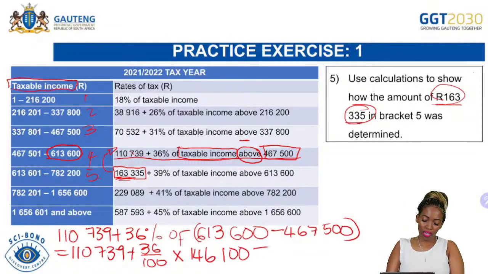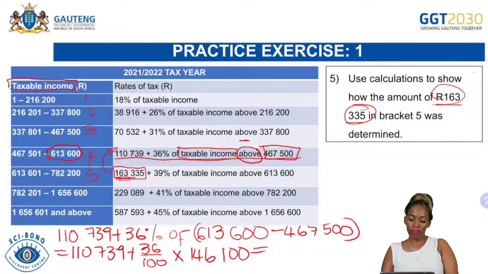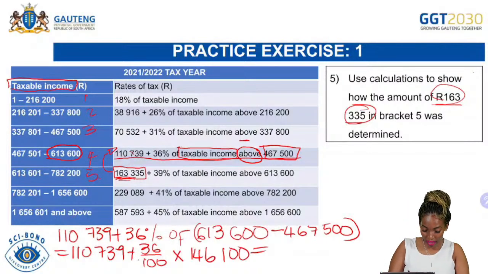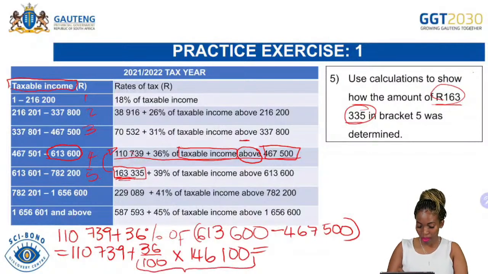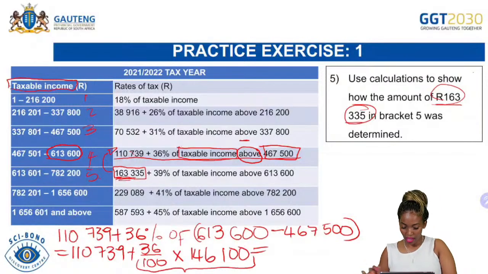And then from here on, you should do it step by step. You don't add, we multiply first. Remember BODMAS. It's a pity I don't have enough space, so I will do the whole sum as it is on the calculator.